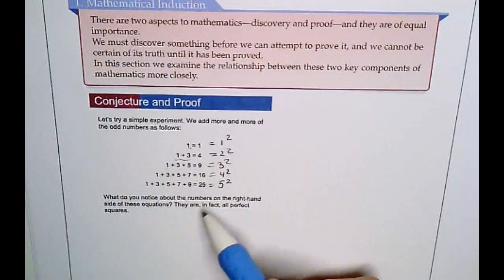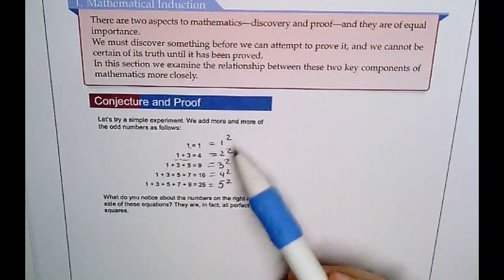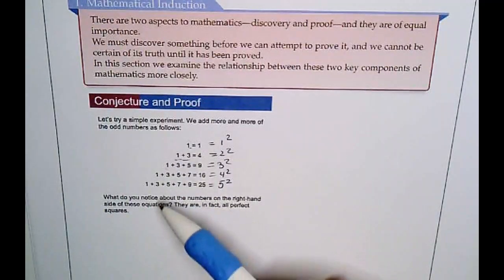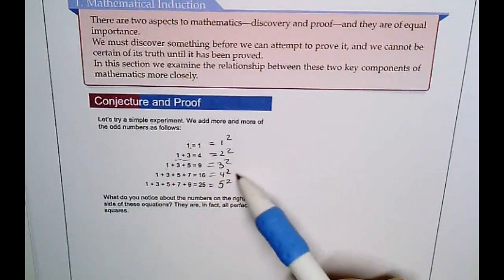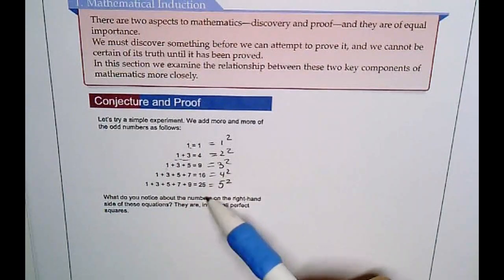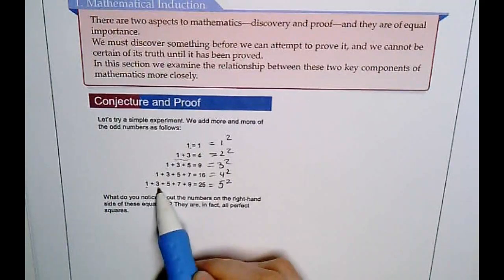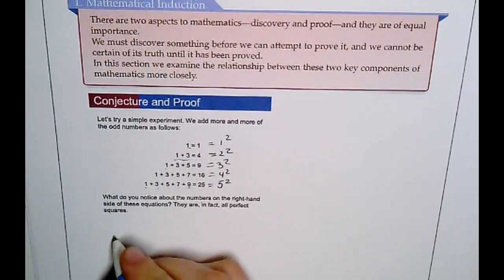So when I add the odd numbers, I see a pattern going on, and I'm going to make a conjecture that in general, when I add n odd numbers, the result is going to be a perfect square.